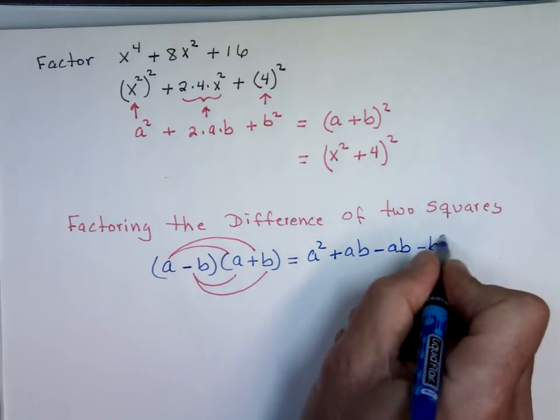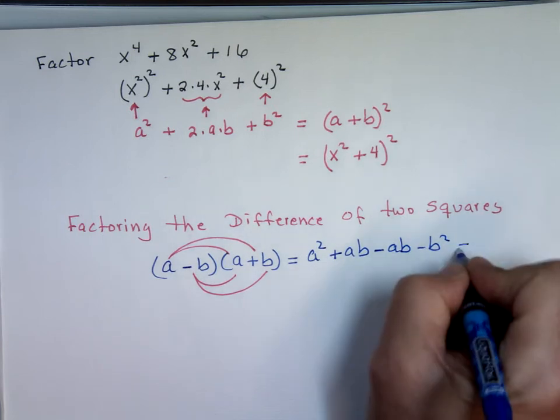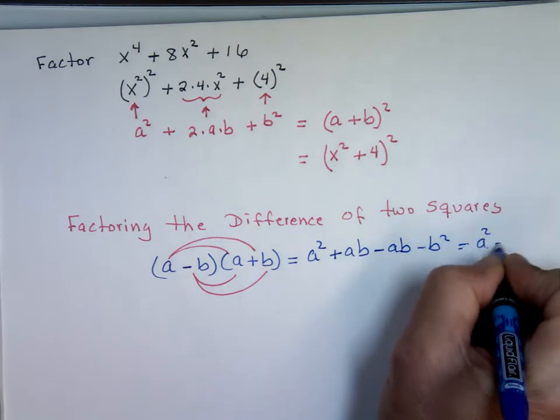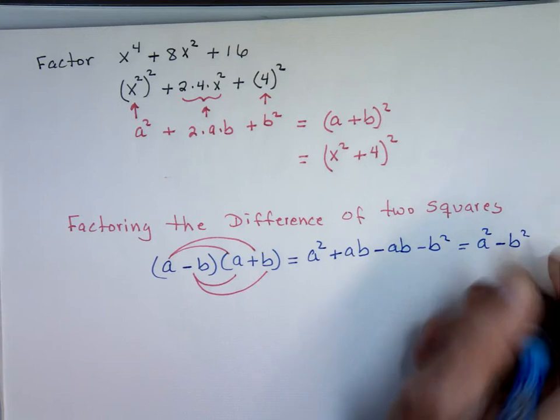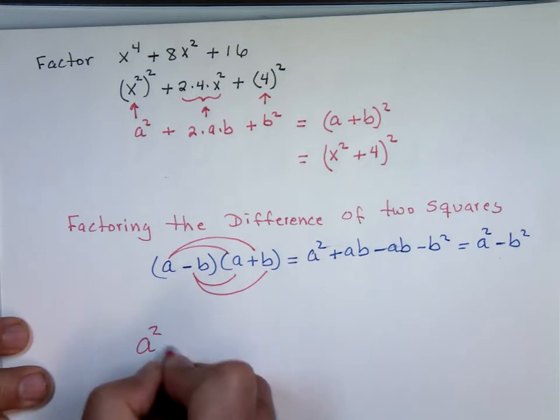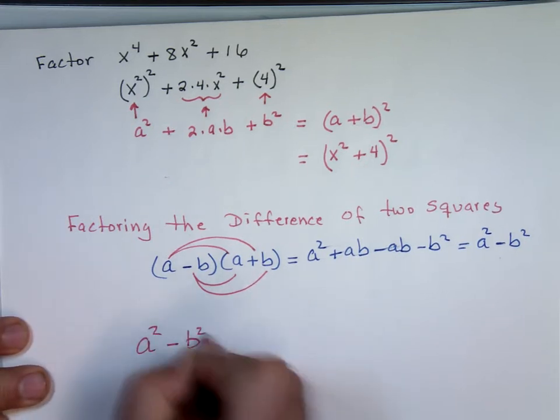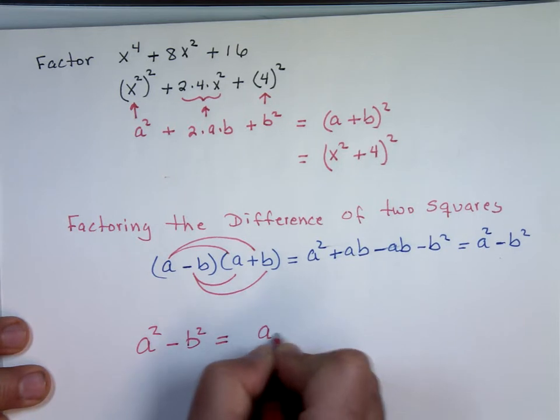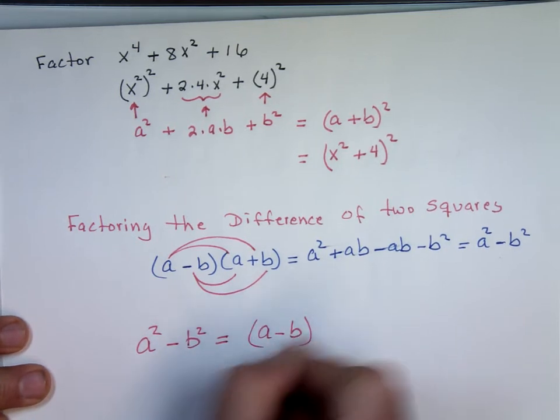And if you clean it, that's a squared minus b squared. And the difference of 2 squares, here's the rule. If you have a squared minus b squared, when you factor that, that's a minus b times a plus b.